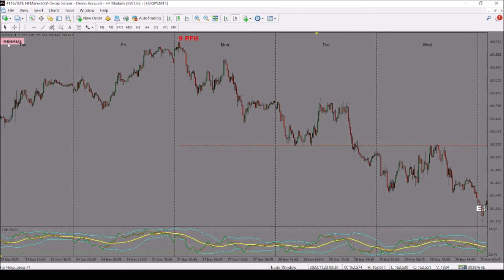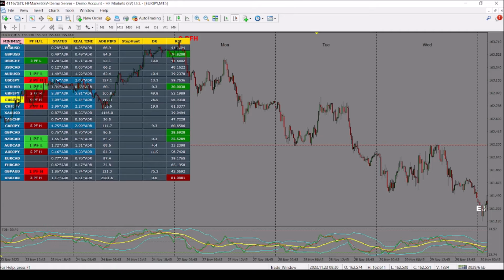After you install the Btmm dashboard, it comes on the chart like this, whereby it lists the pairs that you inputted while installing it. These are the pairs that I look at, and it gives us the name of the pair, then the status of the peak formation high or peak formation low. These are the two columns that are important to us.